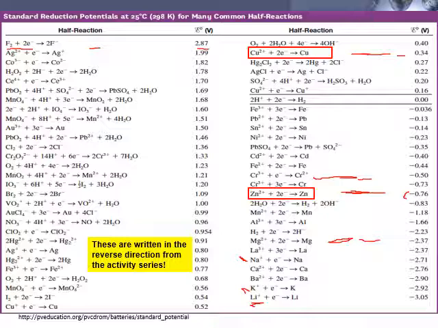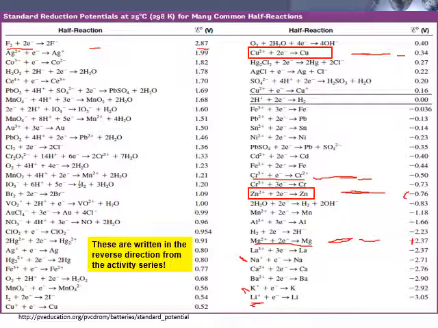The chromium would be written the way it is, and the magnesium at the bottom would have to be reversed and go in this direction, which means its sign would become plus 2.37, and you would add that to minus 0.5, so that's going to be plus 1.87. It's plus, so that means that the cell would work.